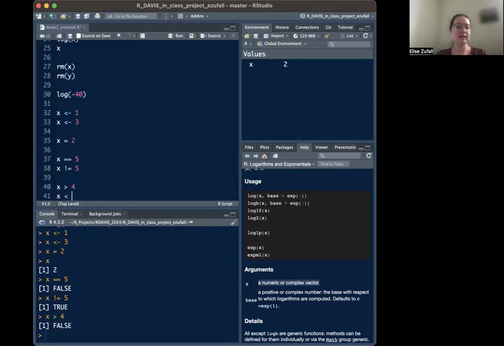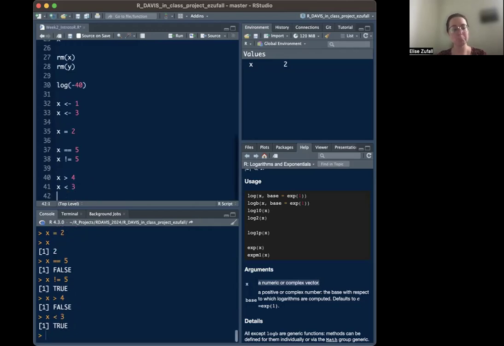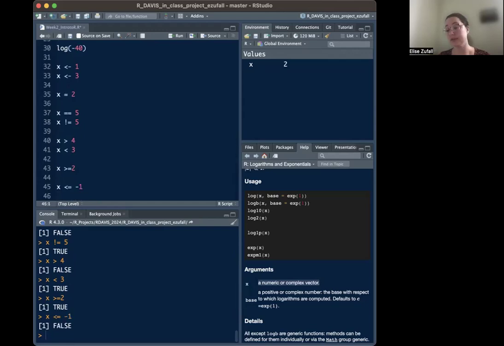We have the less than sign. Is x less than 3? That's TRUE. 2 is less than 3. And we also have the greater than or equal to sign. So is x greater than or equal to 2? And that is TRUE. Vice versa, is x less than or equal to -1? That is FALSE. So those are our 6 operators.